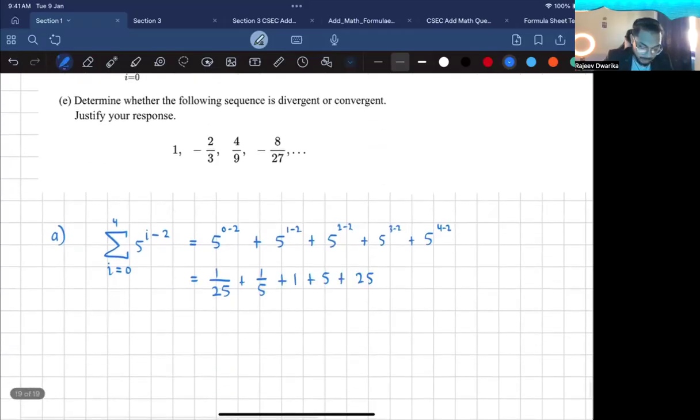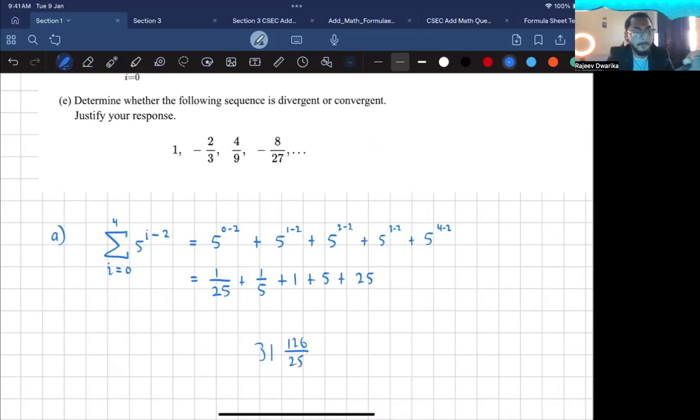The answer will be, let me see if I can calculate this in my head, 31 and 126 over 25.